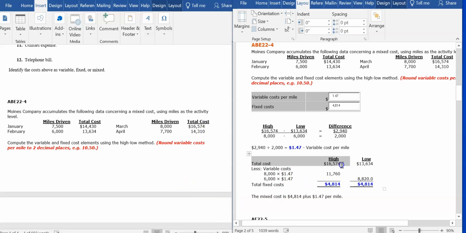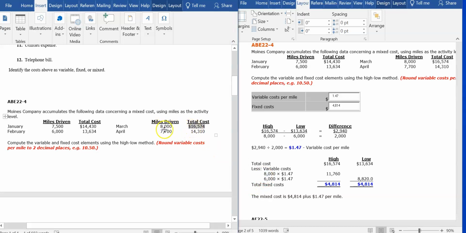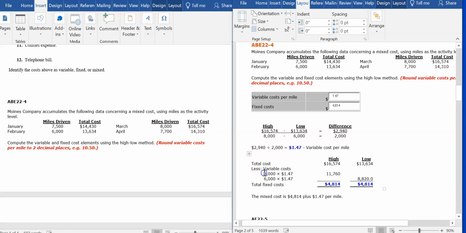That total cost is comprised of two elements, the fixed portion and the variable portion. We know that based on our high-low method, an estimate of the variable cost is $1.47 per mile, which means when total costs of $16,574 were incurred, 8,000 miles were driven.